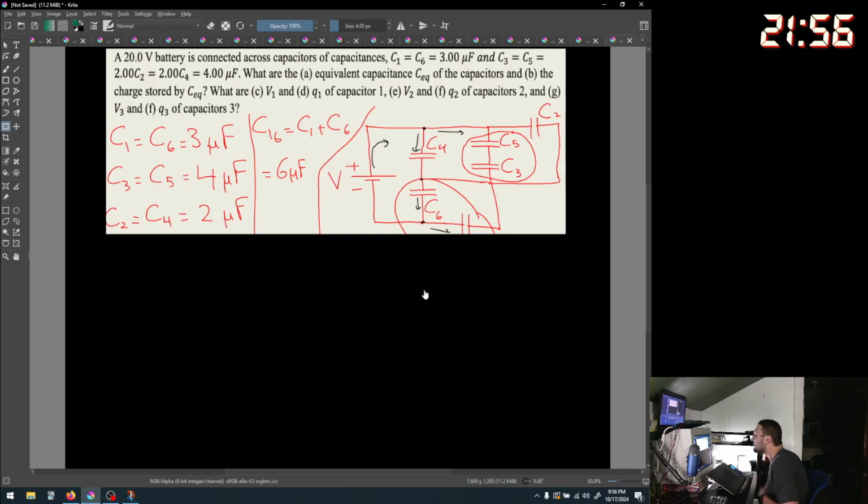So we need to find V1. Oh, no. C equivalent of the capacitors, the charge stored. We need to find Q equivalent, and V1, Q1, V2, Q2, capacitors 2 and 3. So we've got to find everything.